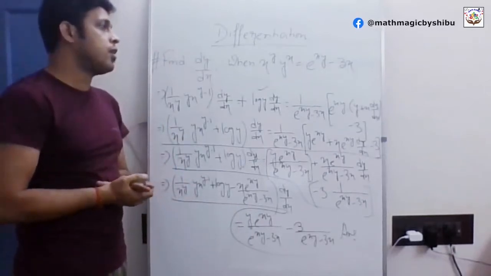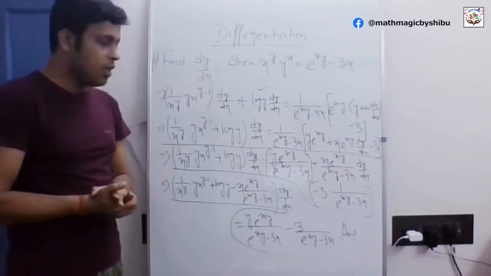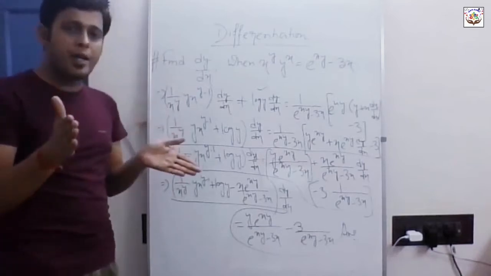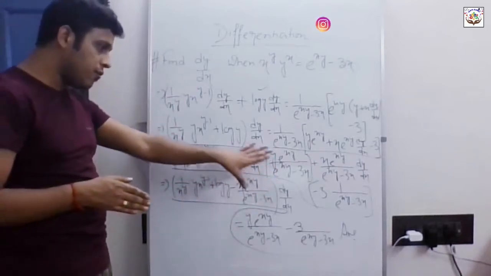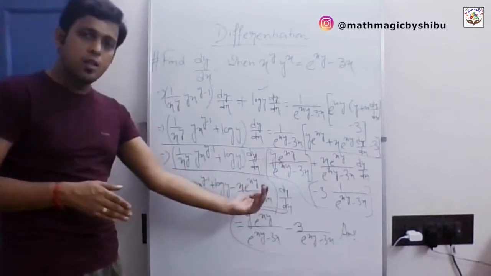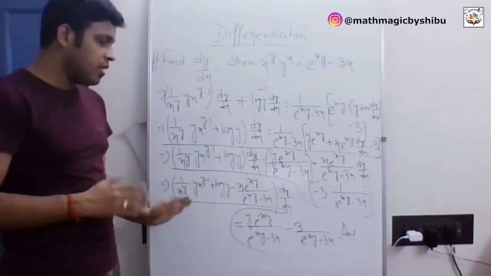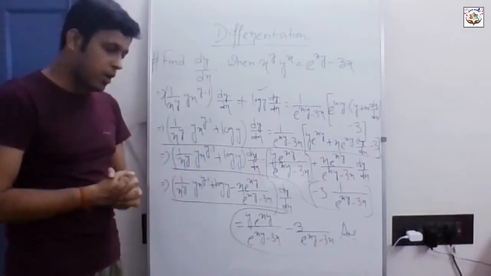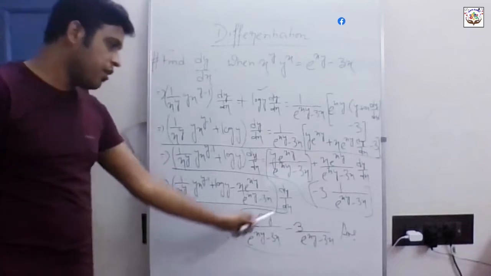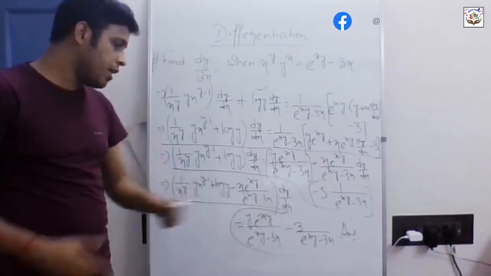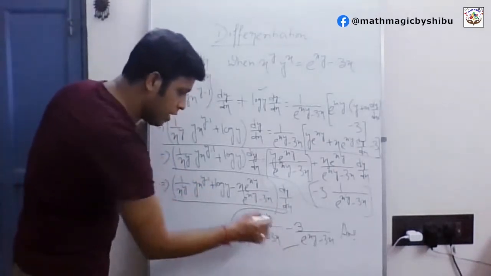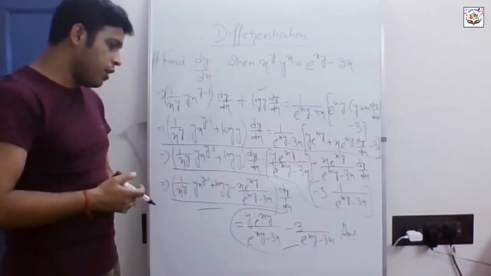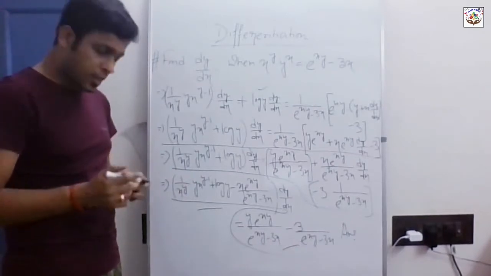Thereafter I have differentiated both sides. As we need to find dy dx, we need to keep in mind that we take all the expressions which contain dy dx to one side and the expressions which do not contain dy dx to the other side. Like dy dx from here would be this part divided by this part. So I hope you would be able to do that part, right?